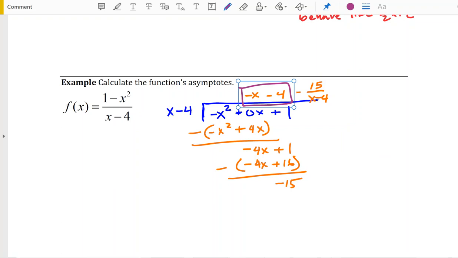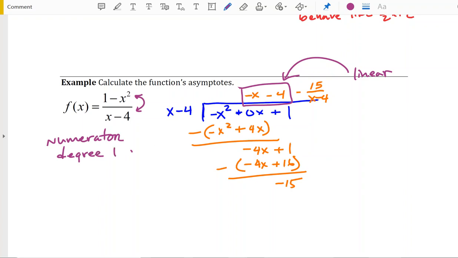Now, do keep in mind that the only way for us to get a linear quotient is if there is a particular relationship between the numerator and the denominator. And that is if the numerator has a degree that is exactly 1 greater than the degree of the denominator. That's the only way to get a linear oblique asymptote. You can imagine if the difference in the degrees was bigger, our result from dividing would have a higher degree.